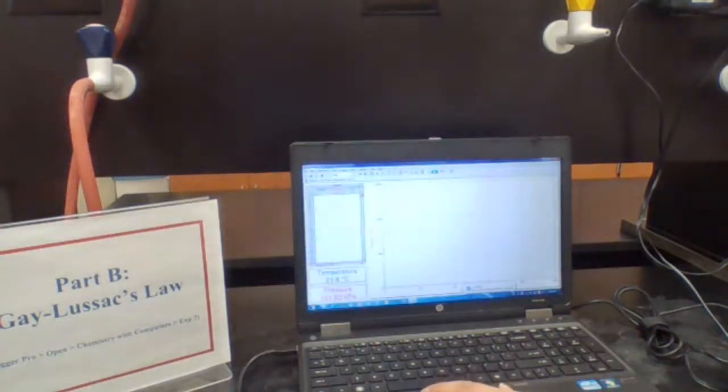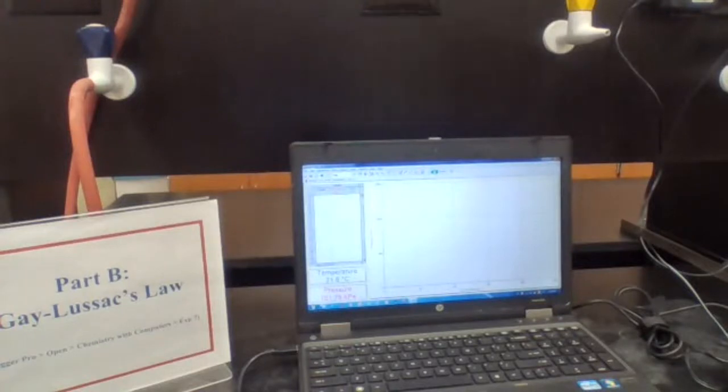And pressure is 101.69. 21.9, 101.69. Perfect. Okay. Next, we need hot water. So we're going to try the pressure in hot water.